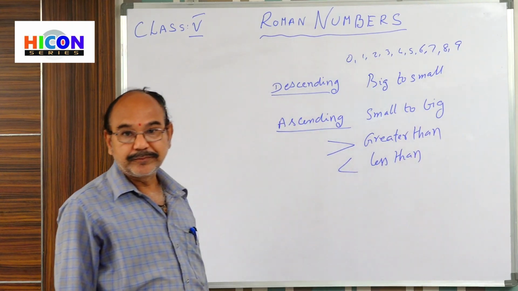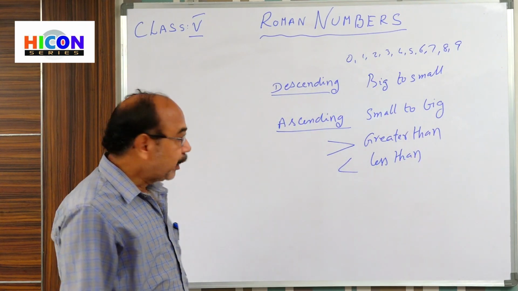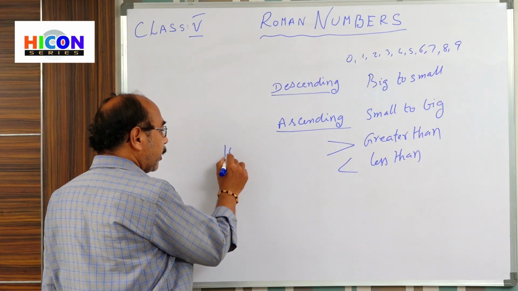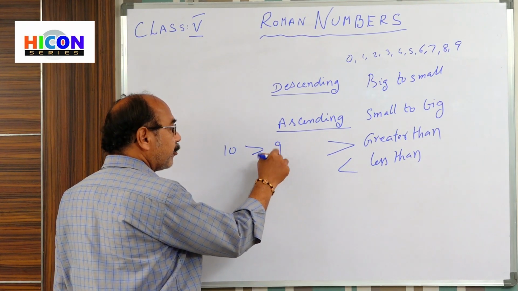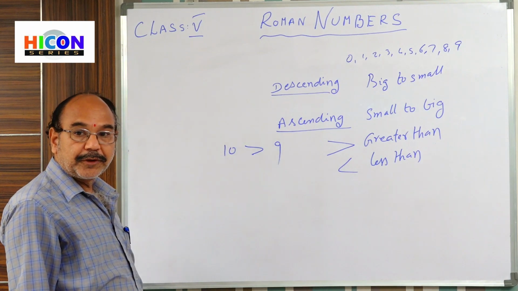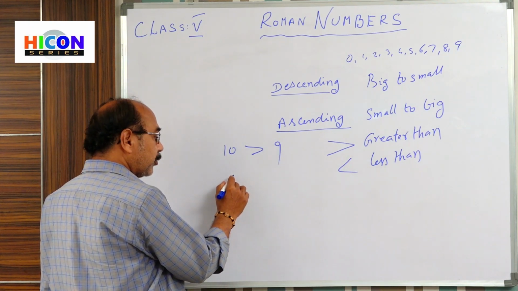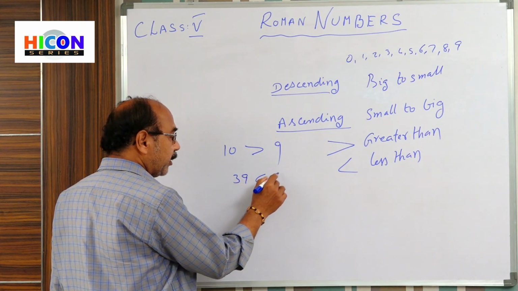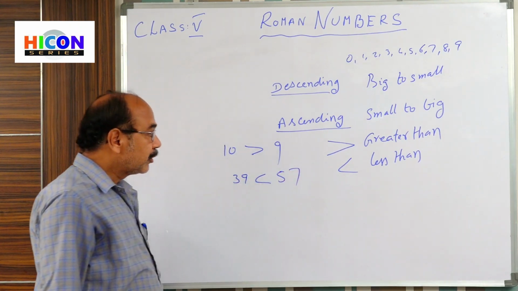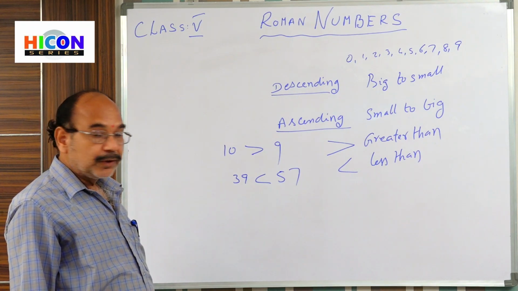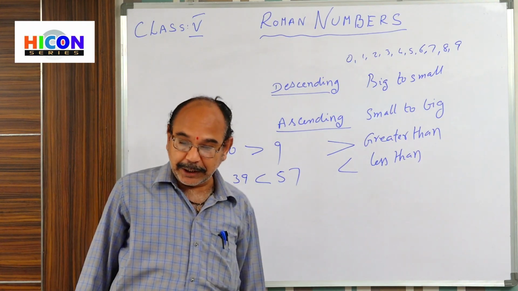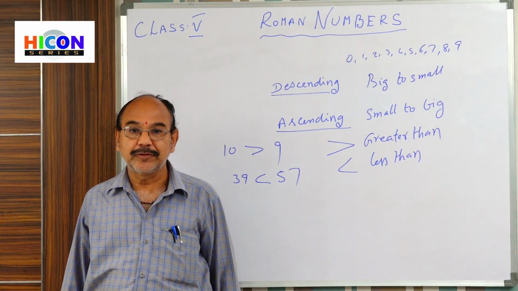Like this. Less than. For example, you see 10 is greater than 9. For this one example, 39 is less than 57. This is less than. So, we studied about greater than and less than.